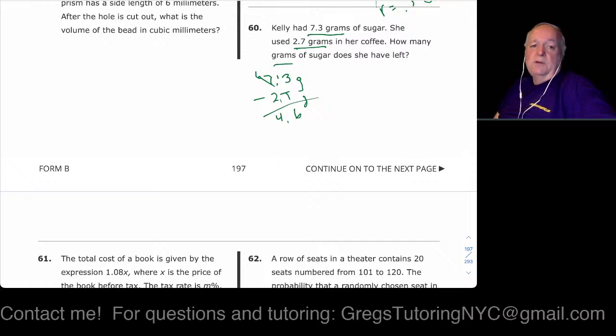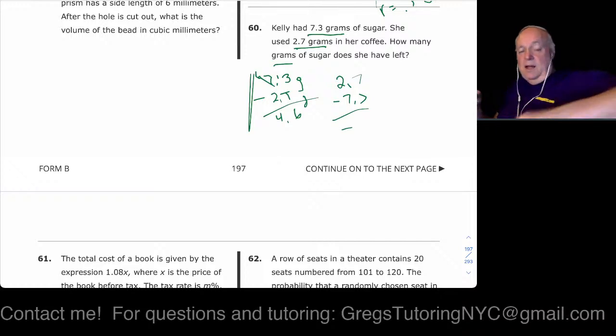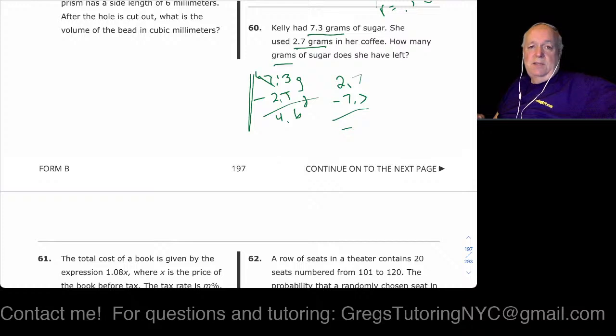I suppose the premise of this is to make sure you're still getting this right when you're at the point of exhaustion. Also, some kids don't do that carry right. Some kids will even do 2.7 minus 7.3 and get a negative answer. And you can't put negative grams of sugar into your coffee. At least I can't. So this one's pretty much a giveaway question.